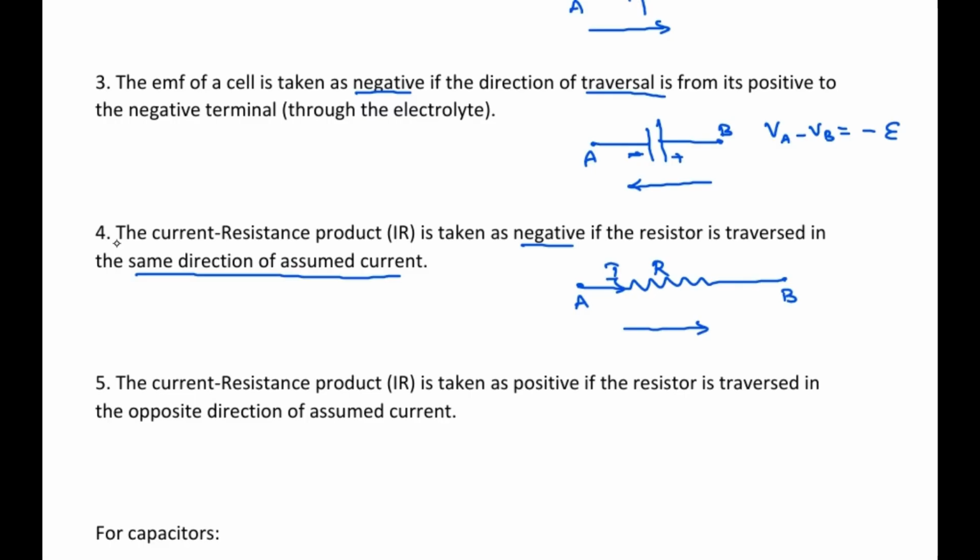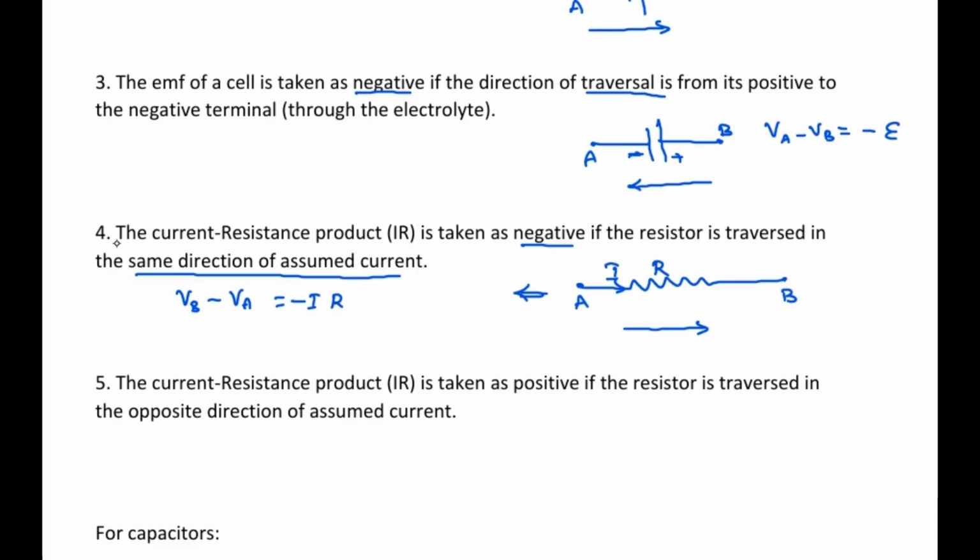Then what is the value of change in potential? Change in potential means final potential at B minus potential at A. For us, B will be the final point where the final potential is VB. Point A is the initial point and the potential is VA. VB minus VA is equal to IR.